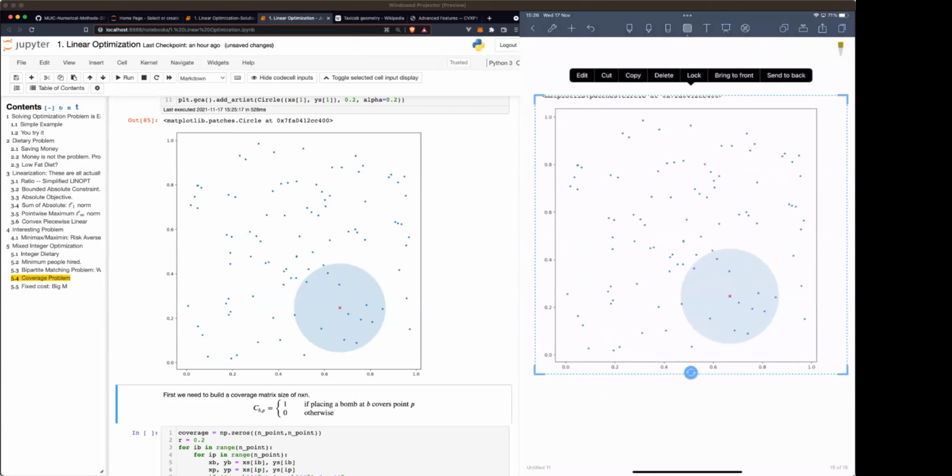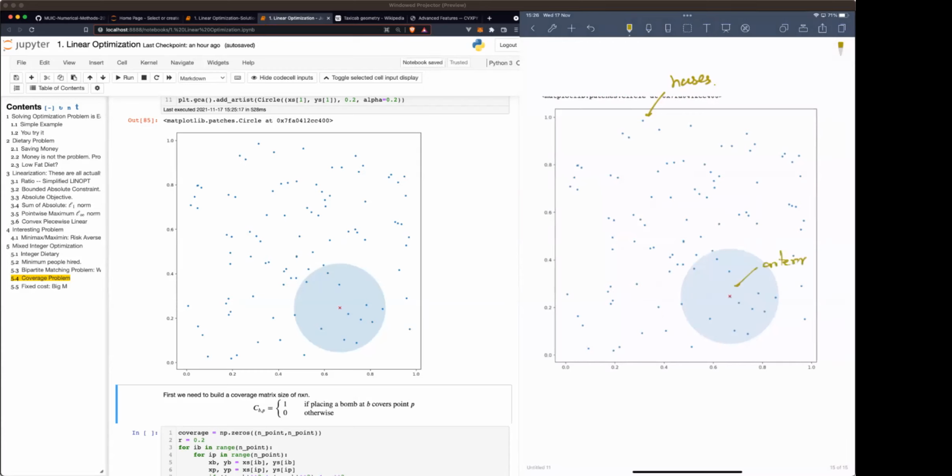Okay, so these blue dots here, they are houses. And this guy is the antenna. You want to place the antenna on the house. This is for simplicity of the problem. It actually doesn't matter.